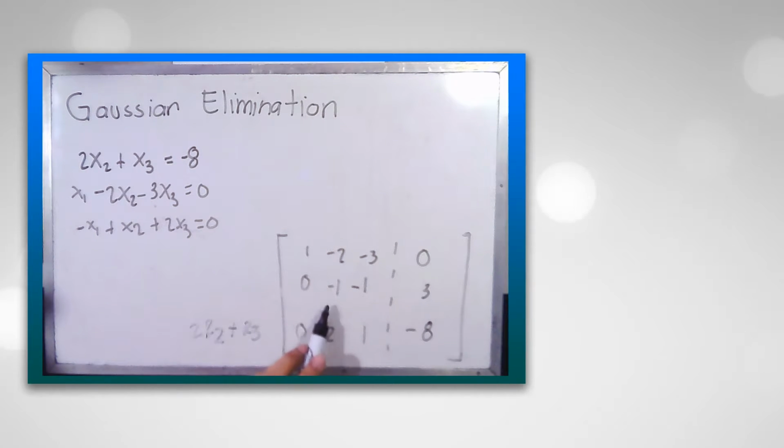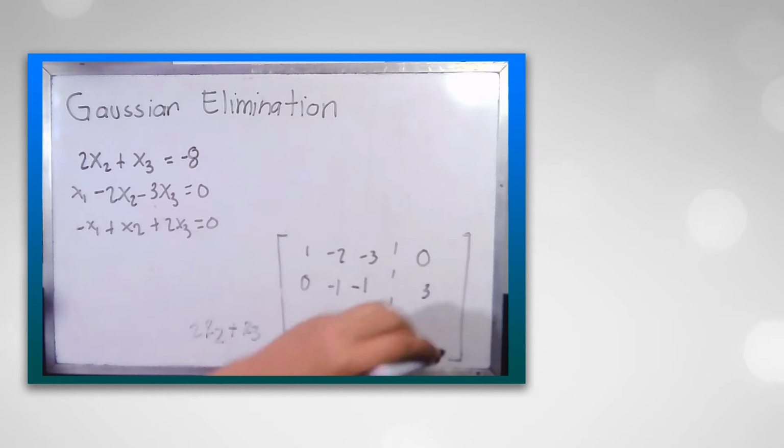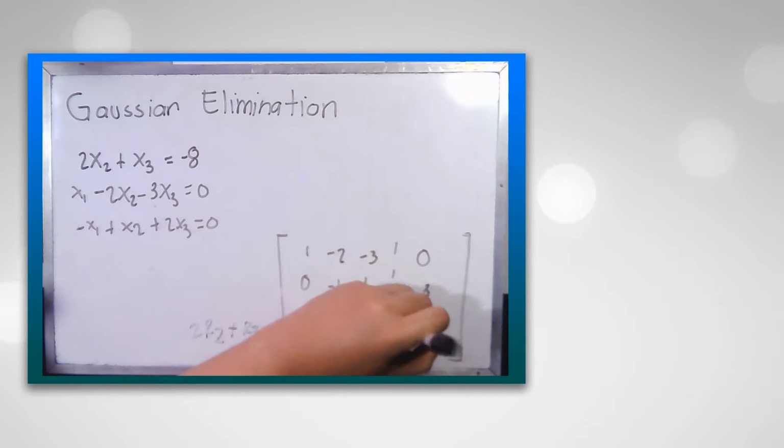So -1 times 2 is -2 plus 2. This was 0. -1 times 2 is -2 plus R3. So this will give us -1. Then 3 times 2 is 6 plus -8 is equal to what? -2.